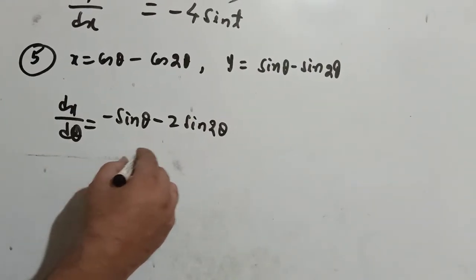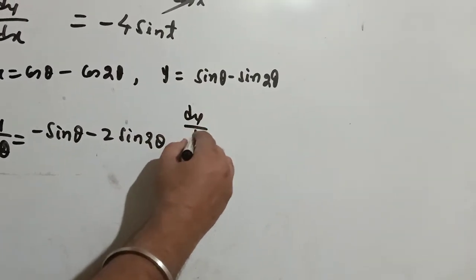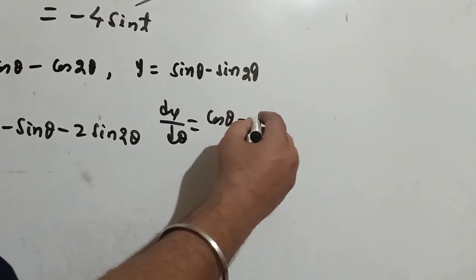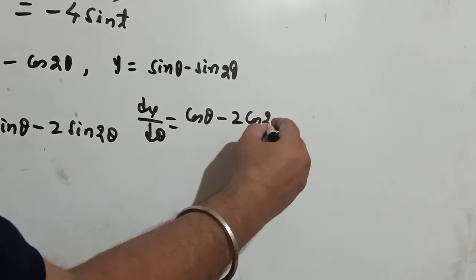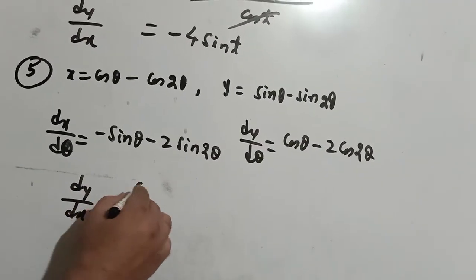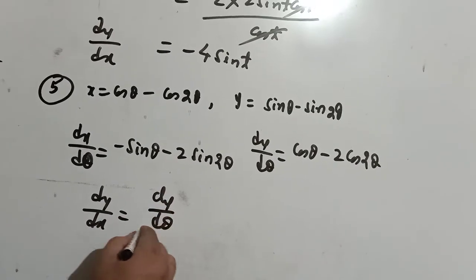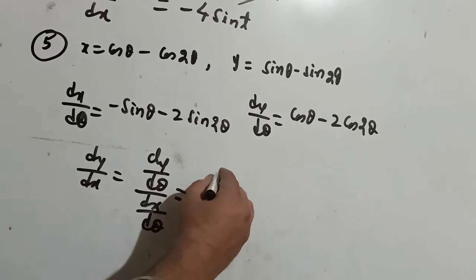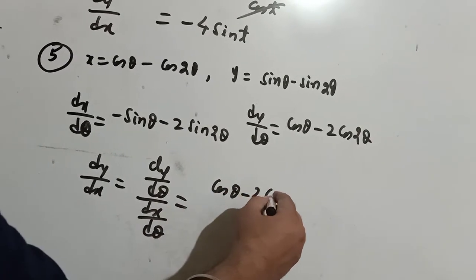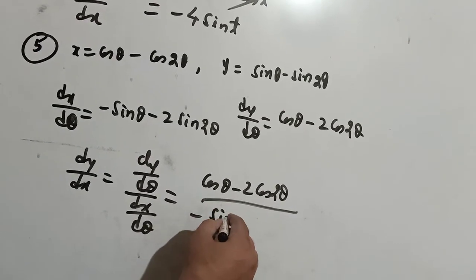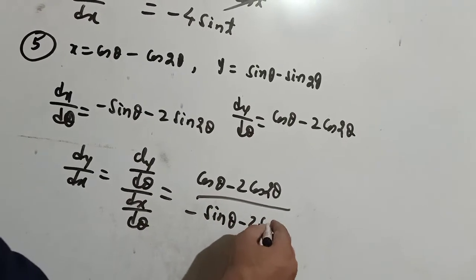And dy by d theta: sin theta differentiates to cos theta, and minus sin 2 theta to minus 2 cos 2 theta. So dy by dx would be dy by d theta upon dx by d theta. dy by d theta is cos theta minus 2 cos 2 theta, and this is minus sin theta minus 2 sin 2 theta.